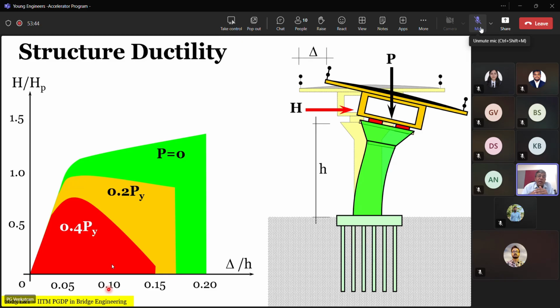That keeps reducing as the axial compressive stress goes on increasing. The first case, no axial compressive stress, you keep on applying the HY, HU by HY is the highest at that time. That means you have very high ductility. But the ductility at lower and lower value of HY, the structure tends to undergo failure as you start increasing the axial stress. My question to you was, under what condition will this happen?